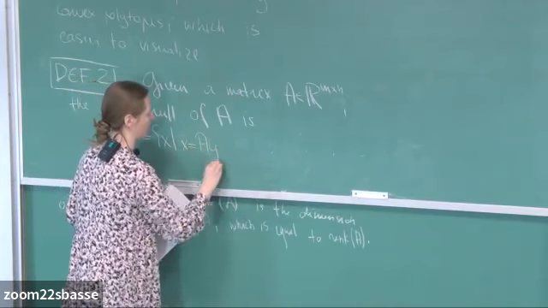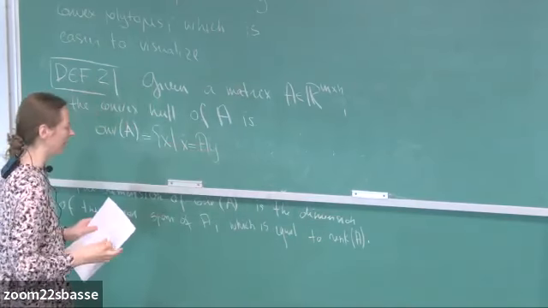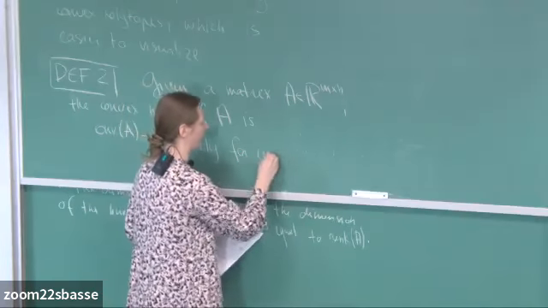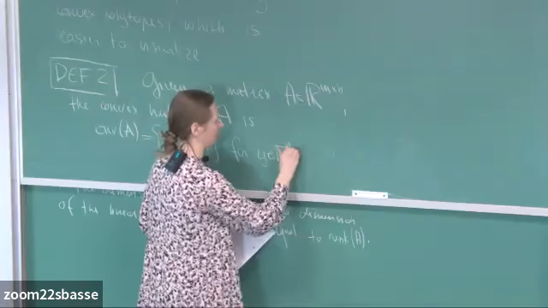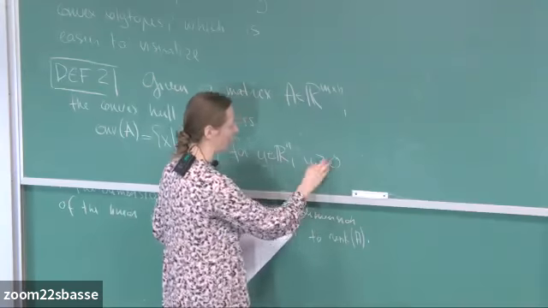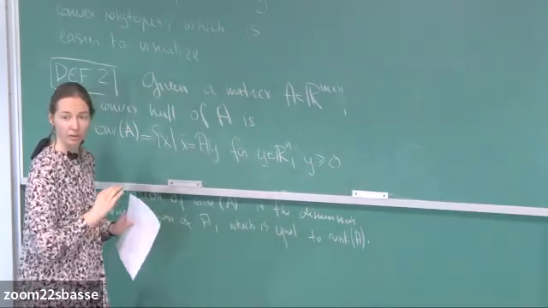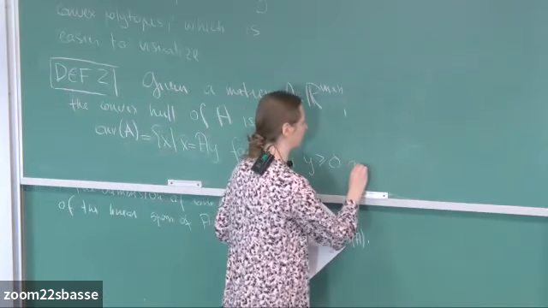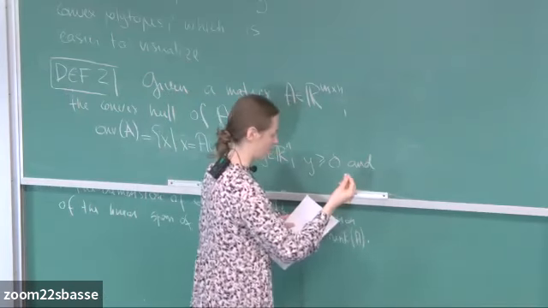Now I'm writing down almost the same thing as I wrote for cones, but there is one addition. As before, we require that y is non-negative. This would now give a cone. But furthermore, we require that the sum of coordinates of y is 1.